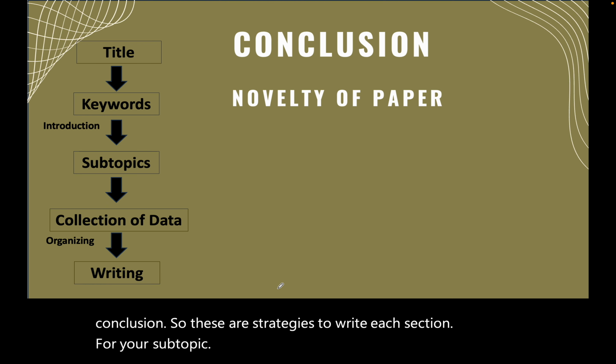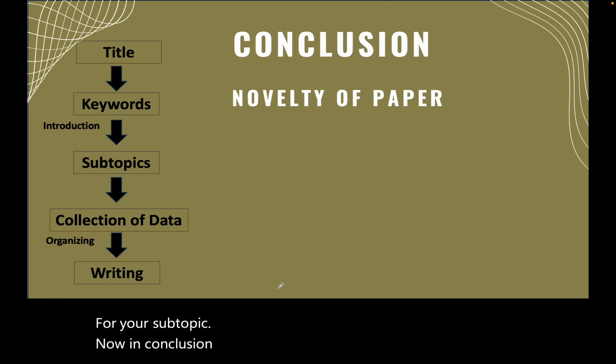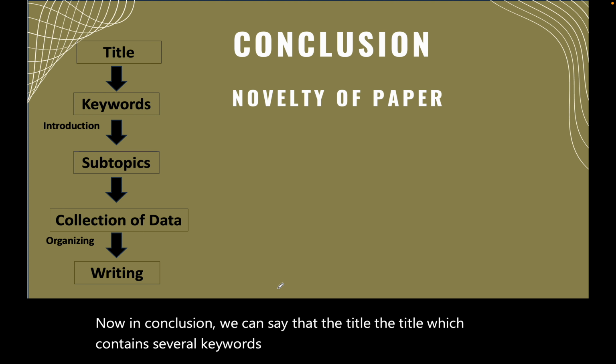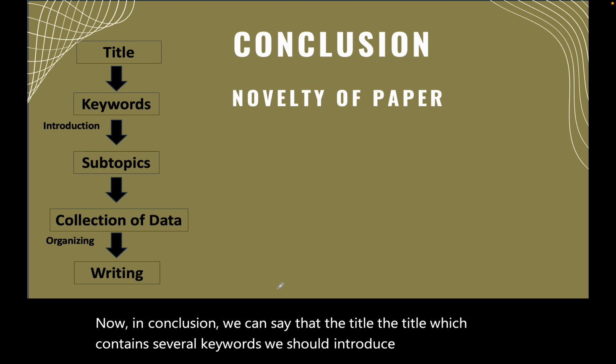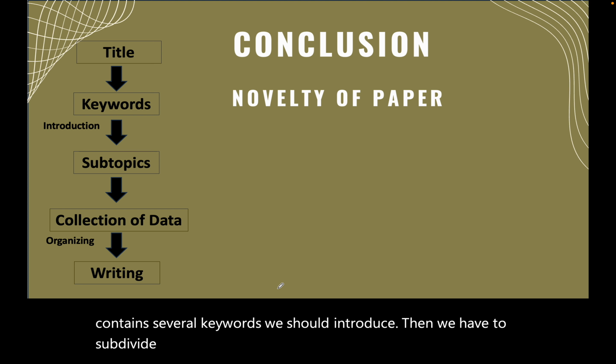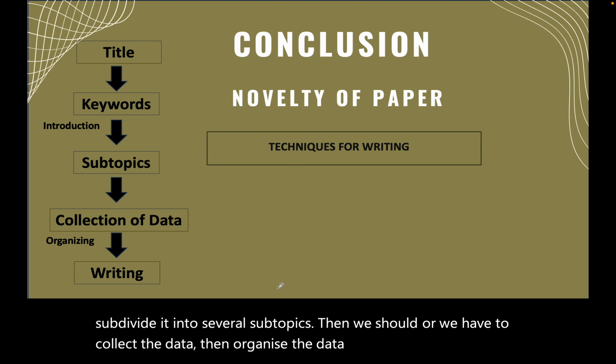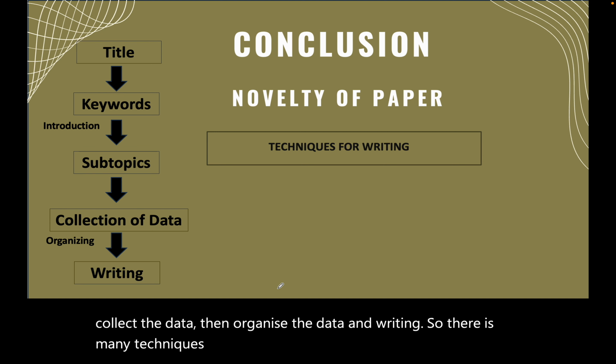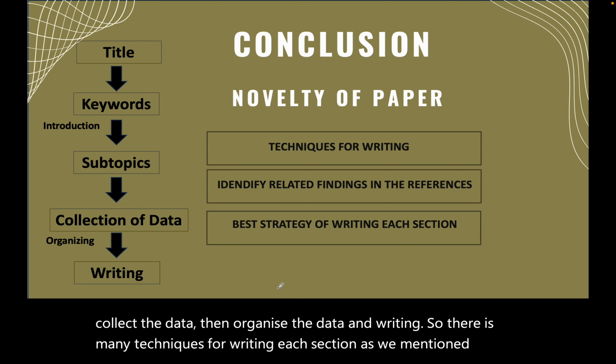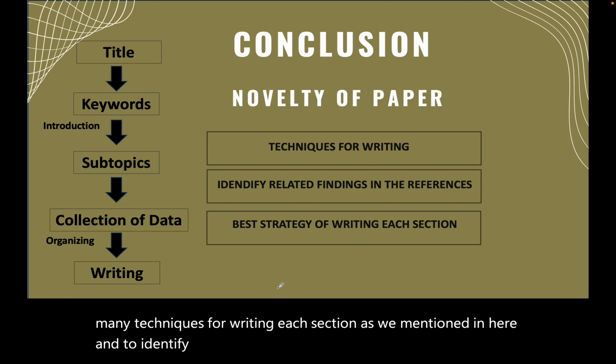Now, in conclusion, we can say that the title, which contains several keywords, we should introduce. Then we have to subdivide it into several subtopics. Then we have to collect the data, organize the data, and write. There are many techniques for writing each section, as we mentioned here, and we also discussed how to identify related findings in references.